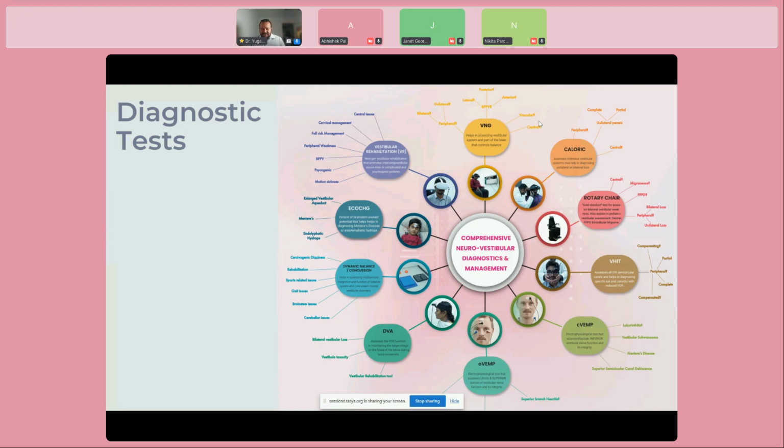So this is the reason why if a patient visits ENT, they try to do their best within their scope. If you send a patient to a neurologist, again they try their best looking at the neurological aspects. Usually ENT sends to neurology if they don't find the reason, and neurologists send back to ENT if they don't find an appropriate reason. But the actual person that should come between these two is the audio-vestibular specialist.